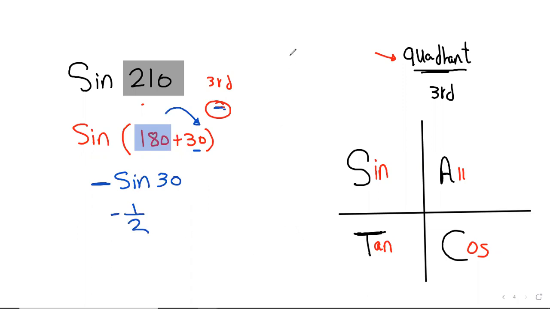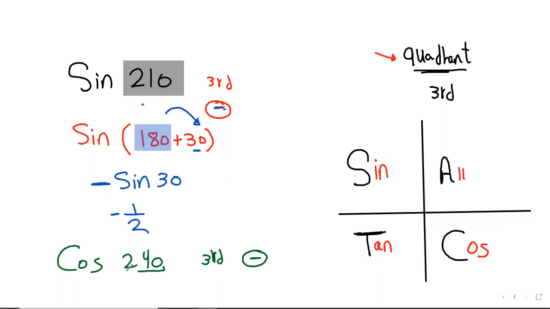Okay. What about, let's say, cosine 240? Fatma, 240 lies in which quadrant? Third quadrant, great. What is the sign of the cosine? Negative.